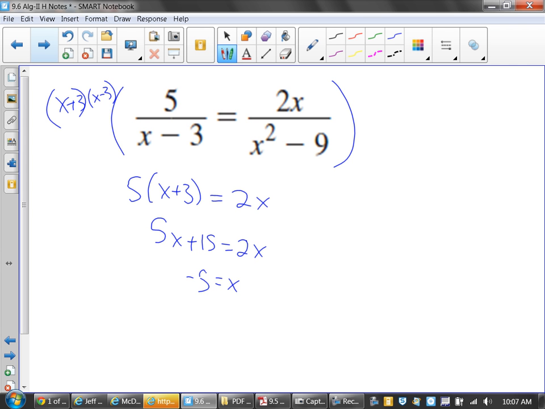Now if you cross multiplied that, you would have gotten 5x squared minus 45 is 2x squared minus 6x. So you get 3x squared plus 6x minus 45 is 0. A whole lot of uglies, right? When you have to factor stuff out and go that way.